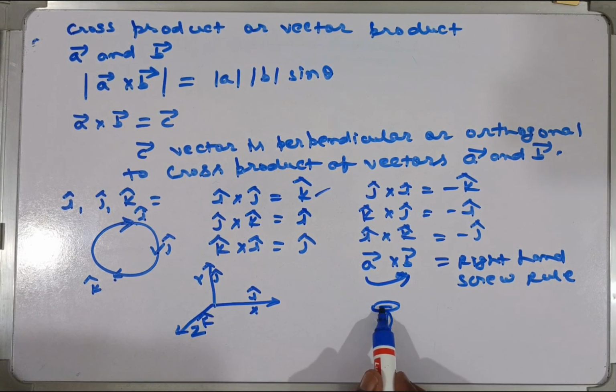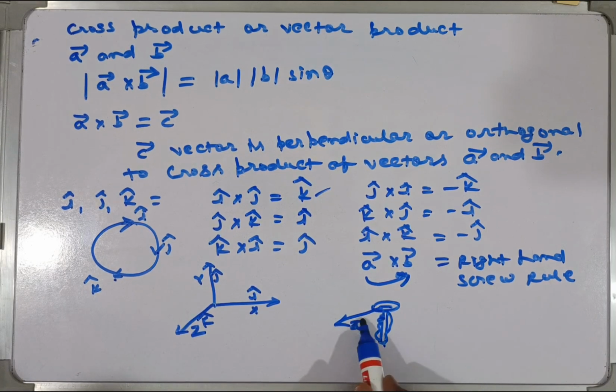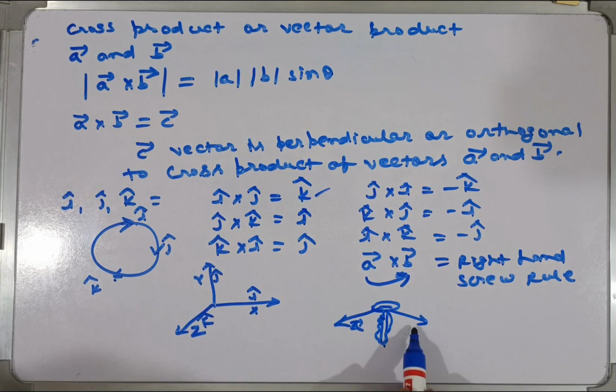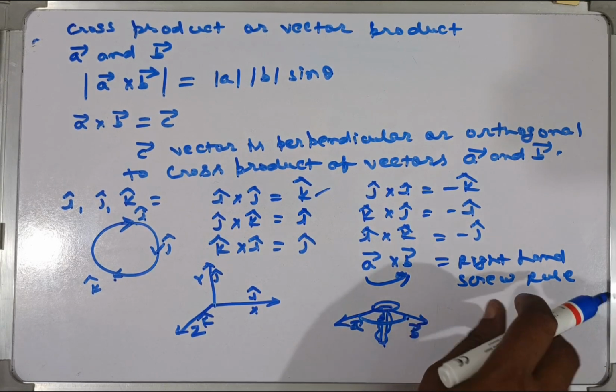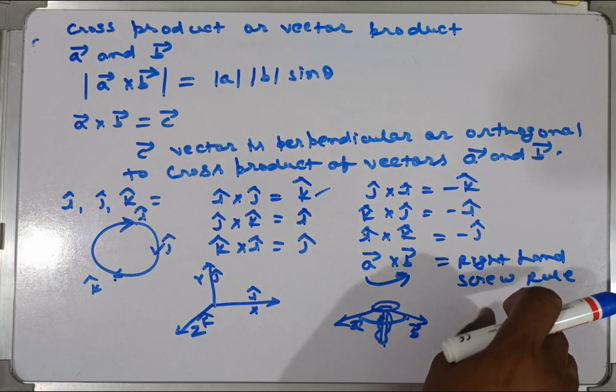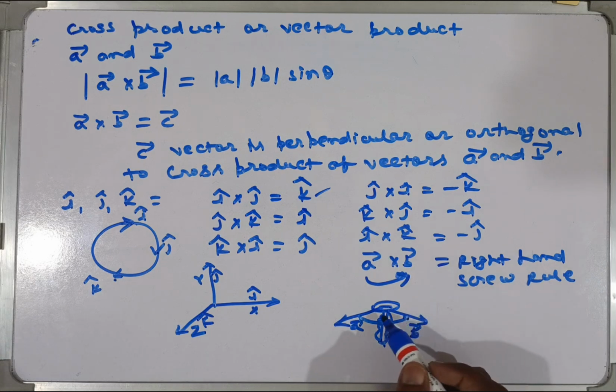So if the vector is along, suppose here the a vector, and this vector is b, the a vector is moving towards this one. So what you are doing here, the screw is being screwed in the anti-clockwise direction.